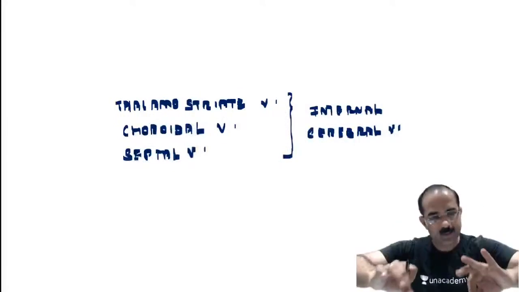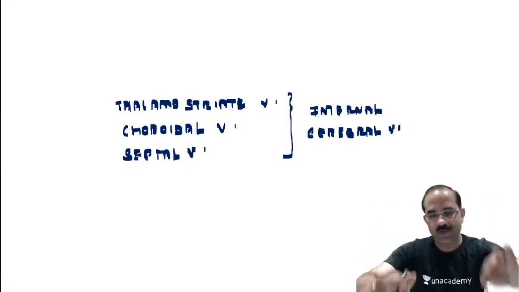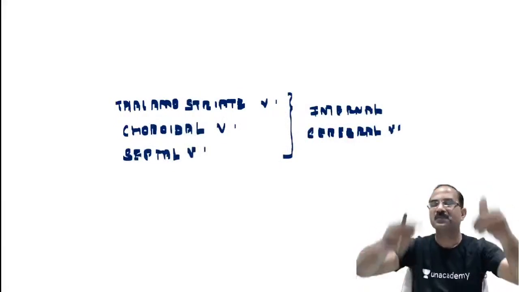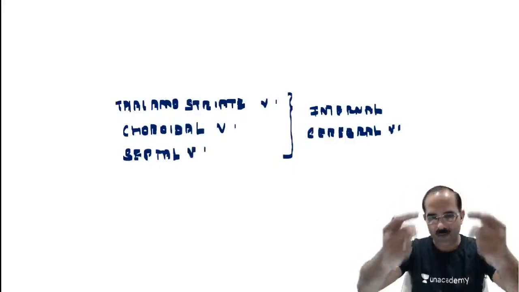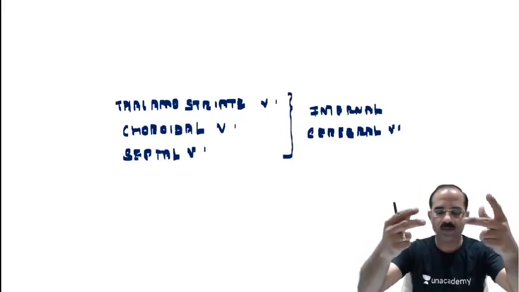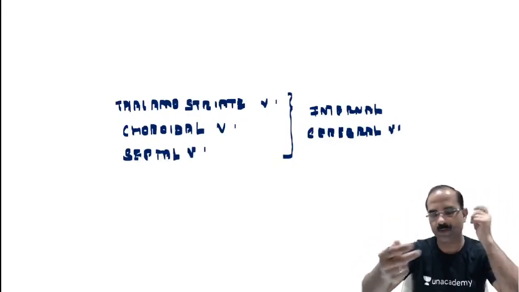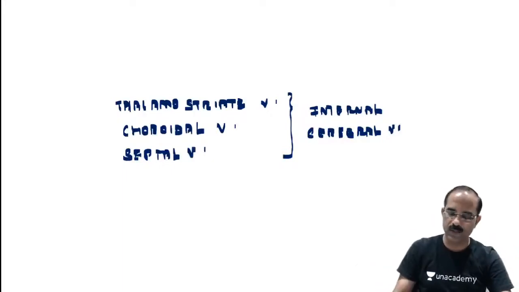So internal cerebral vein, students, I want you to understand, it is formed by joining of three veins: the thalamostriate, the choroidal, and the septal vein. Okay? Thalamostriate, choroidal, and septal join to form the internal cerebral veins.